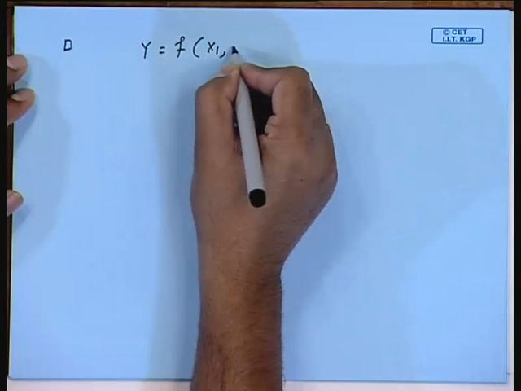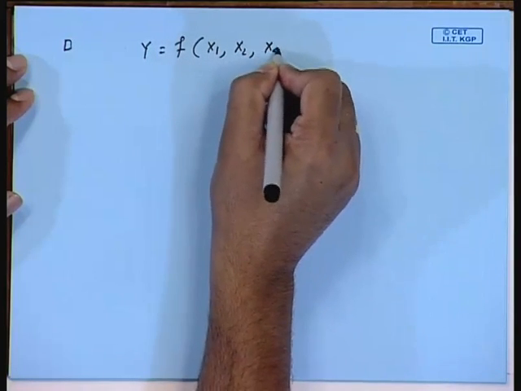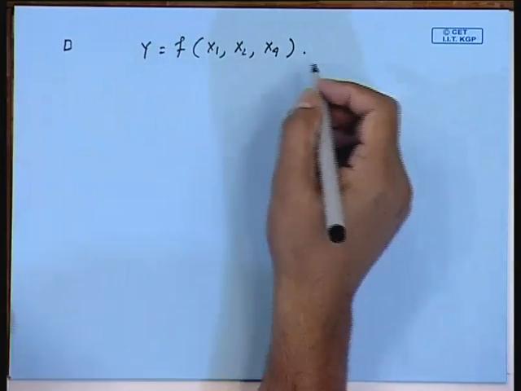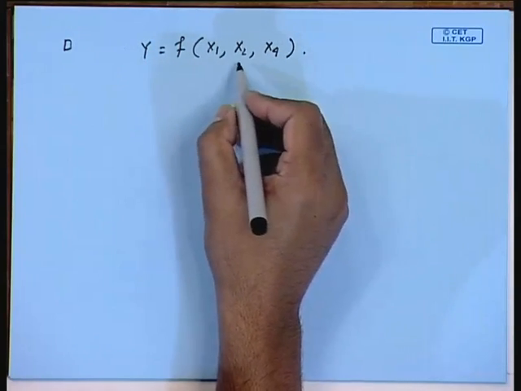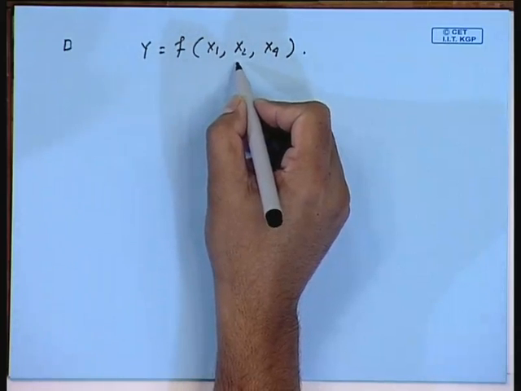Now, in my model we have 3 regressors, y equal to f in terms of x1, x2, x4. Now, we need to check whether the newly inserted regressors are still significant.